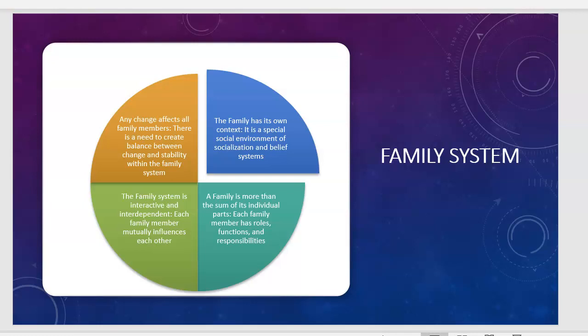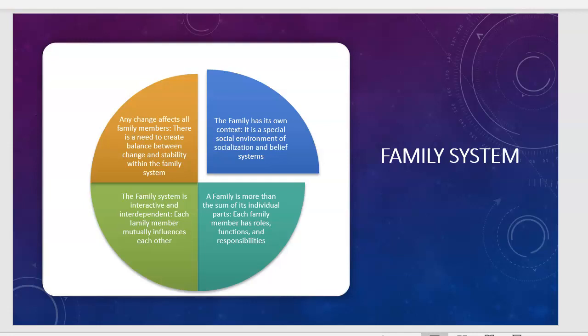The family system is interactive and interdependent. Each family member mutually influences the other. So this is based on reciprocity and transactions. Within the family system, there are particular relationships between and among family members.